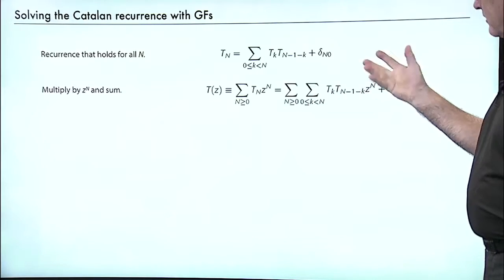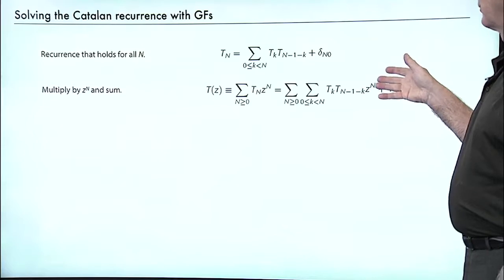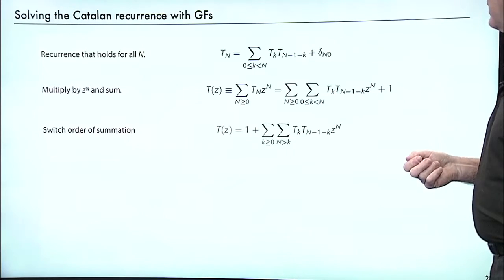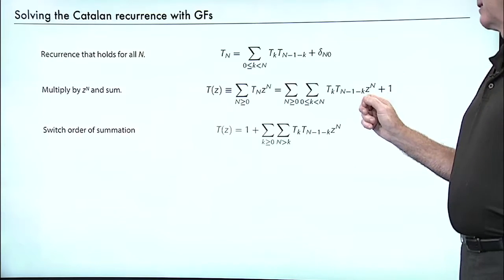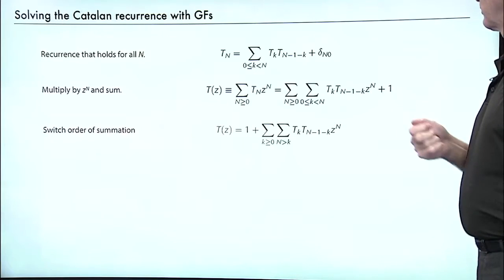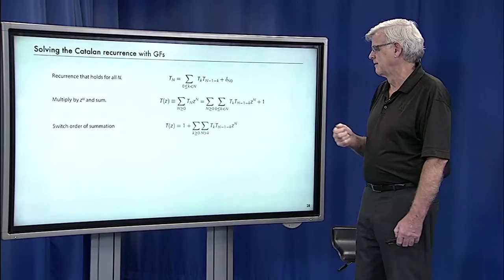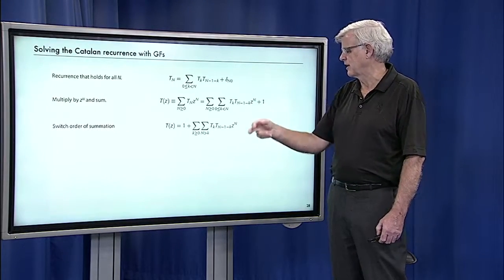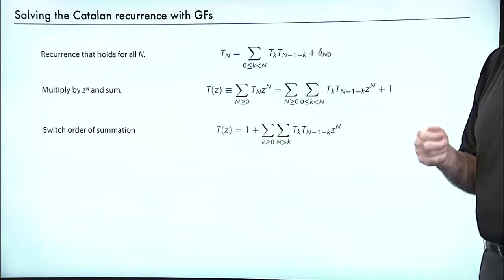That looks familiar. It is familiar. We're going to work backwards from the convolution derivation that we did before. So the first thing we'll do is switch order of summation. So switching order of summation means if you're going to try for every value of k, then the inner sum is just for n bigger than k.